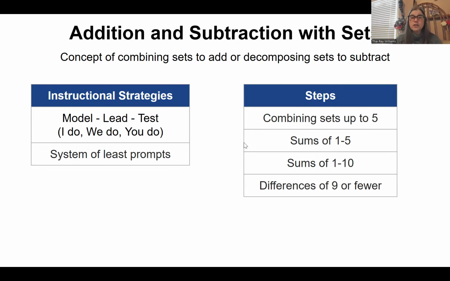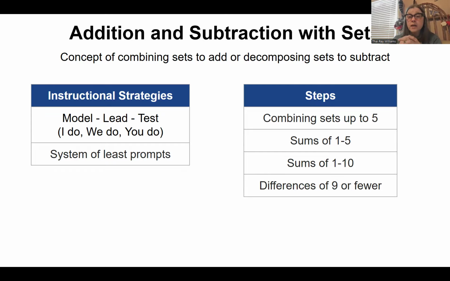So when you are teaching addition and subtraction, this is a sequence of steps that we typically teach those skills with. First, we start by just combining sets up to 5. We're taking this set, we're taking this set, we're putting them together. And often when I teach this, if it's where the students are, we then count to figure out how many, but it's really just combining those sets, right?